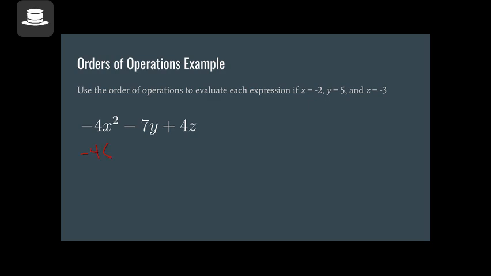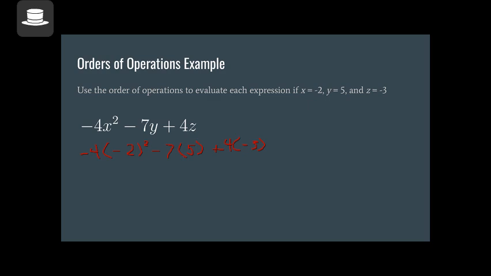So -4 times -2 squared minus 7 times 5 plus 4 times -3. And I'm writing with a computer mouse, so hopefully I'll have my iPad up and running soon. But here is how I want to do this.